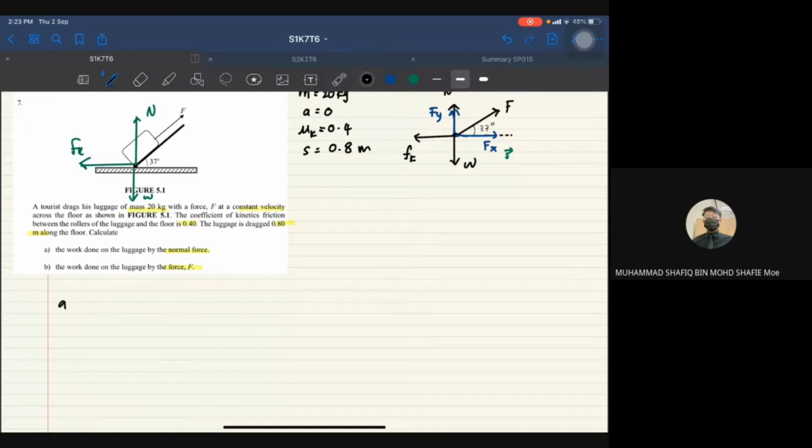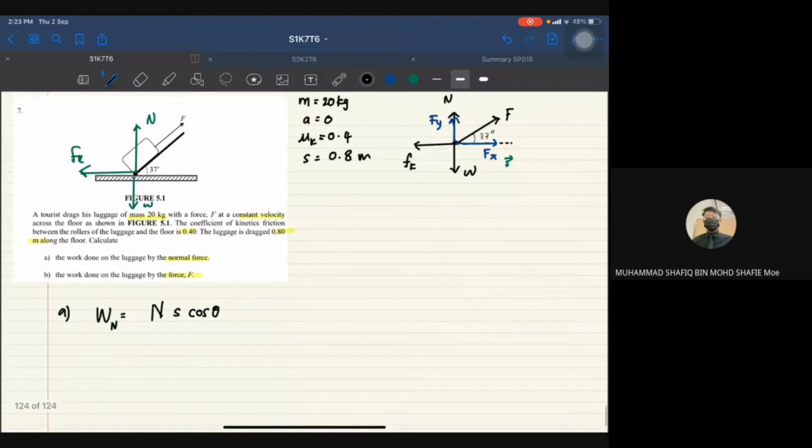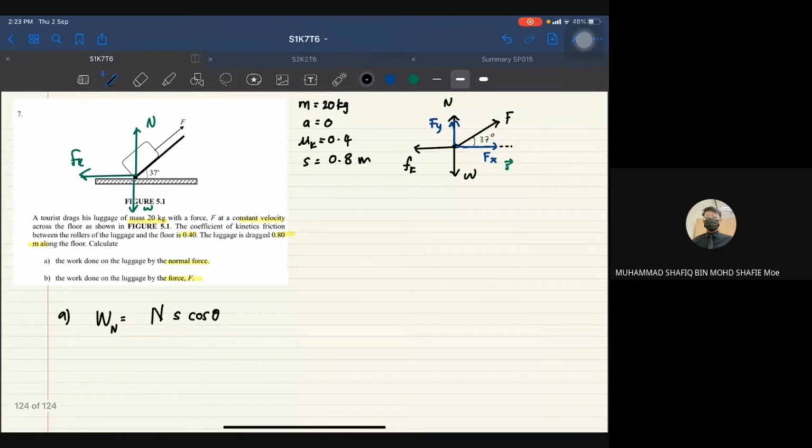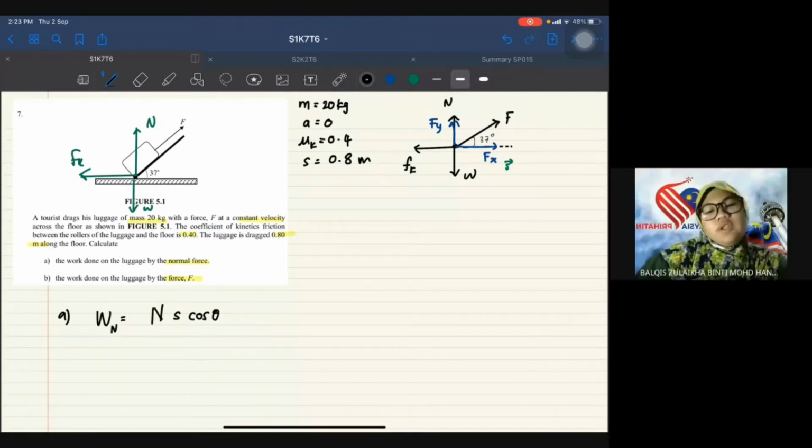So the question is to find the work done on the luggage by the normal force. If you want to find this, as your N, you need to substitute F as your N, S, cos theta. Okay, what is the angle between N and S? 90. Okay, 90 degrees.